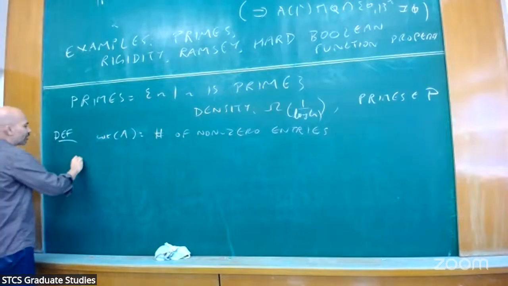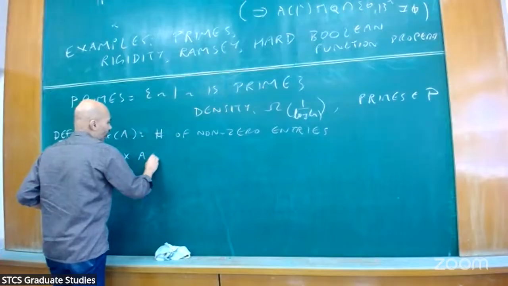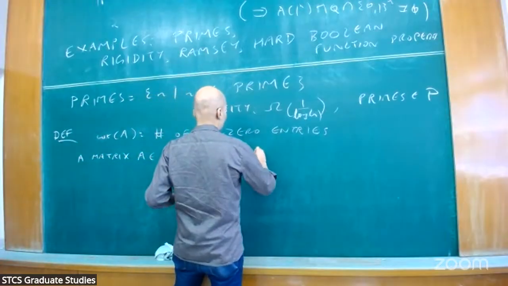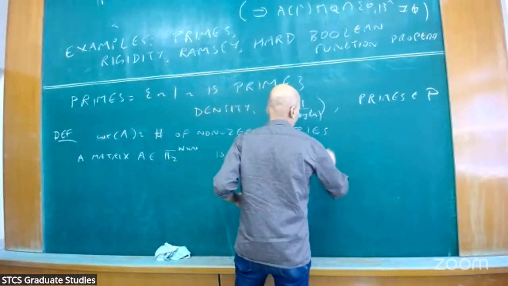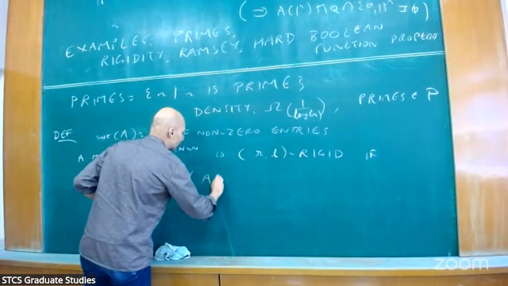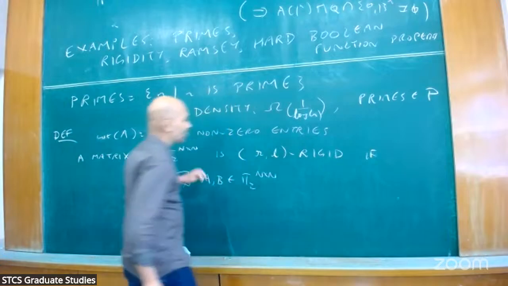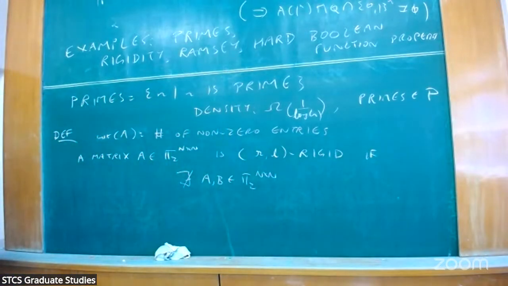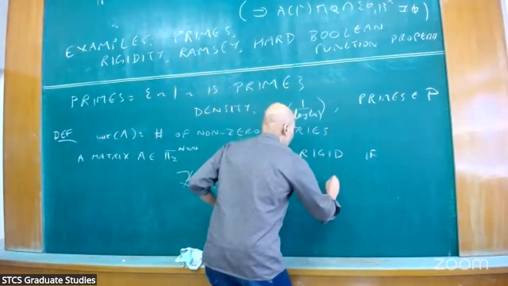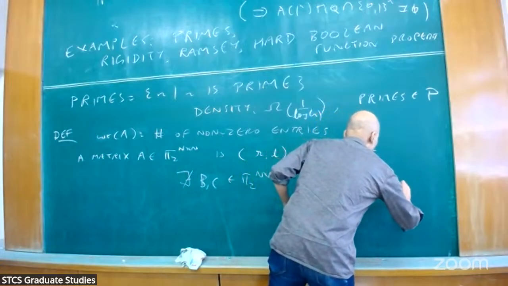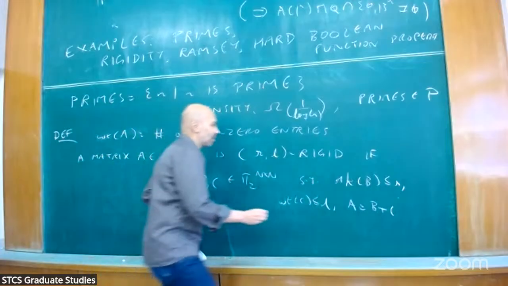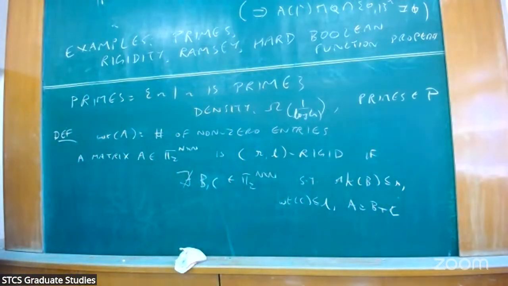And we're going to say that a matrix A in F2 to the n cross n is (R, L)-rigid if there does not exist B and C such that rank of B is less than or equal to R, weight of C is less than or equal to L, and A equals B plus C. So you can't express A as a sum of a low rank matrix and a low weight matrix. Okay, so that's what rigidity is for us.